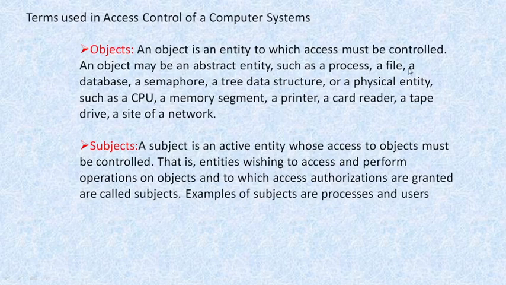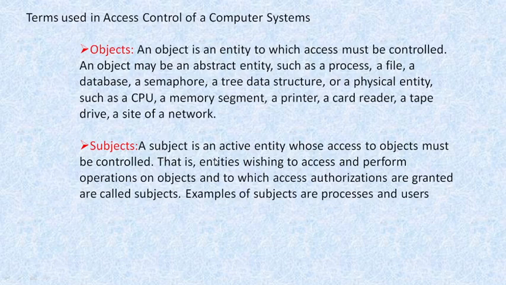So it may be a file or a database, a semaphore or any tree data structure or anything which a user will try to access. That entity is called an object and we have to control this access from unauthorized users. Subjects.